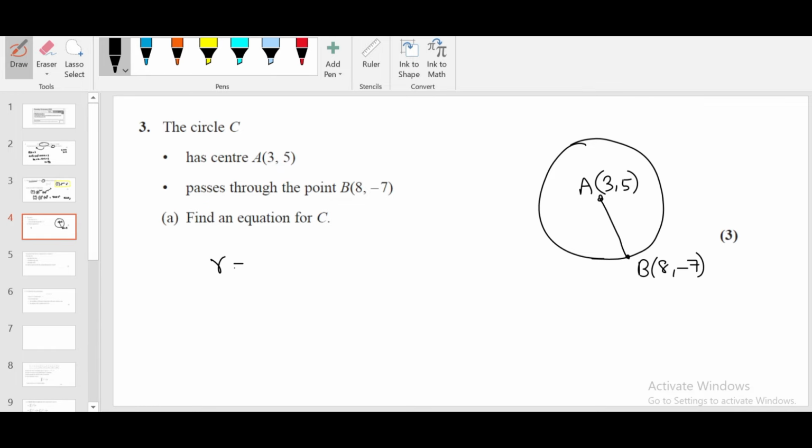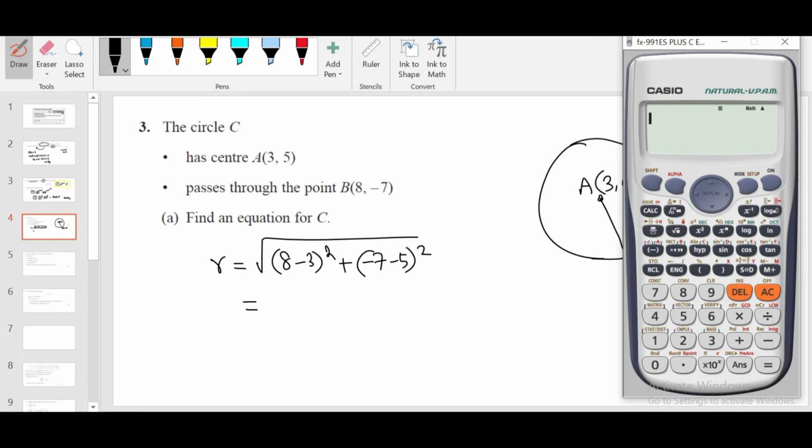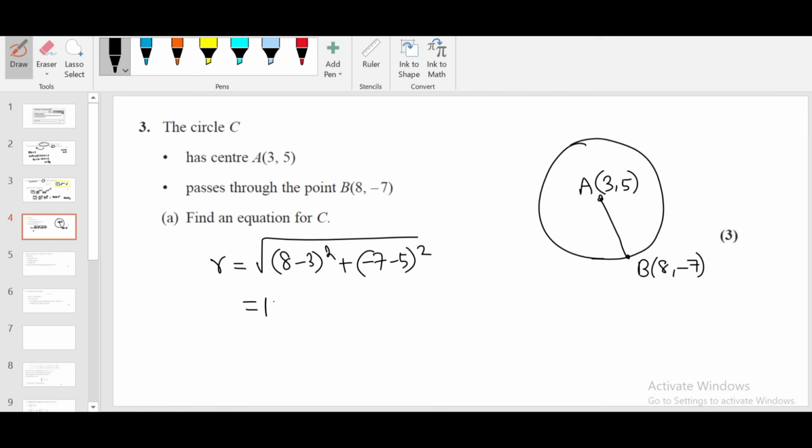So the radius is square root of x2 minus x1 whole square plus y2 minus y1 the whole square. 5 squared plus 12 squared, which is 13. R is 13.